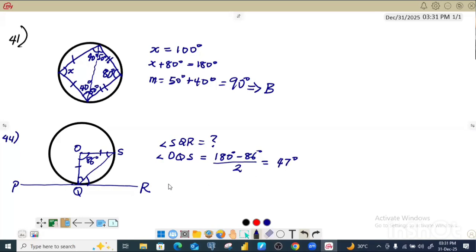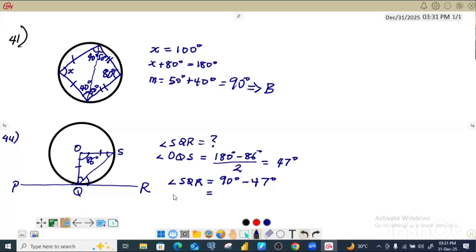So it means angle SQR, according to the theorem, equals 90 degrees minus 47, because angle OQR is 90. A line from the center of the circle meeting the tangent is perpendicular to that tangent.